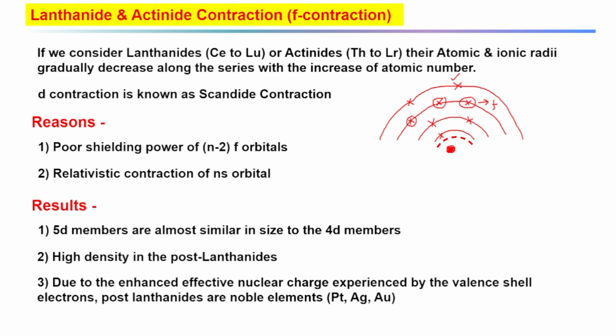Now these f electrons, if they have stronger shielding power, that means if they can reduce the attraction of this nucleus to these electrons, then we will say that these electrons have stronger shielding power. But actually these f electrons are diffused in nature, and they have very little shielding power. So that's why the attraction of this nucleus to this outermost electron increases.